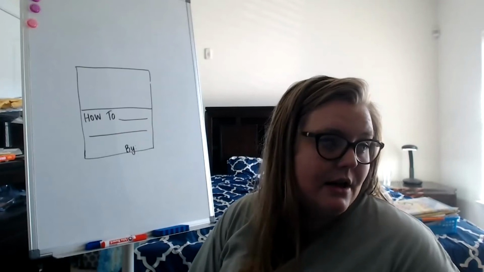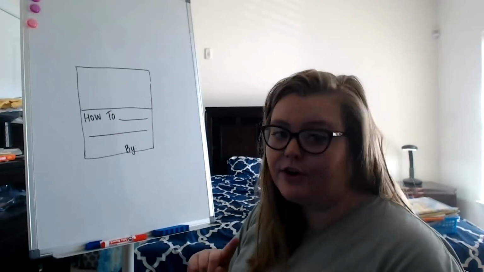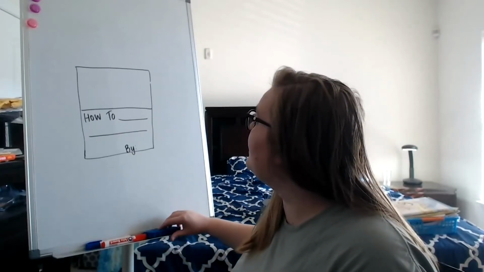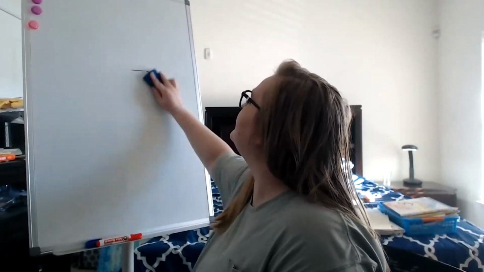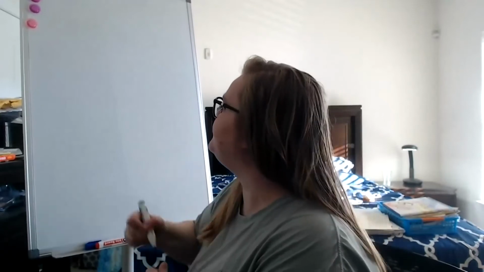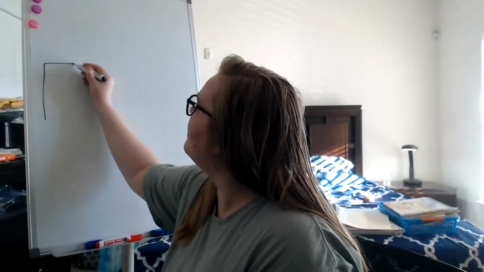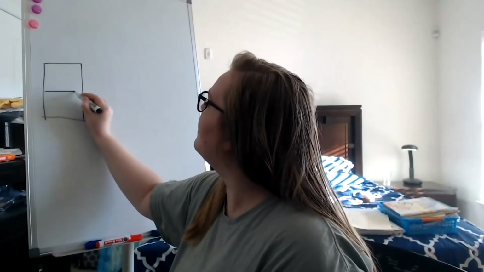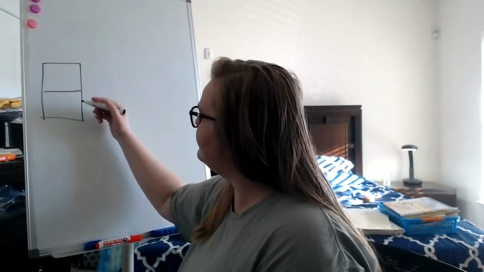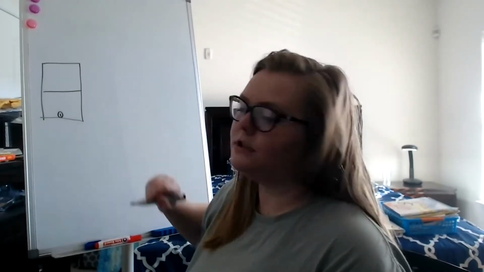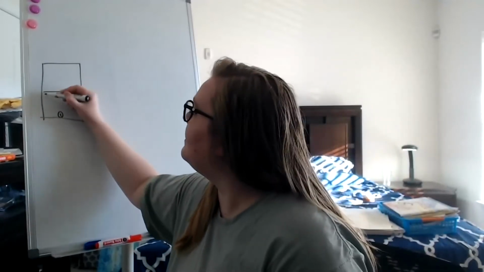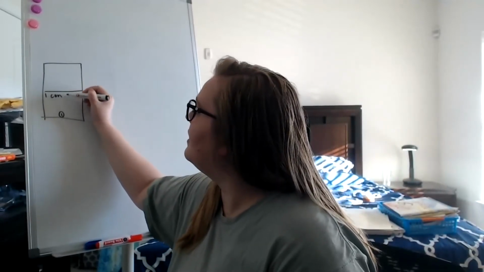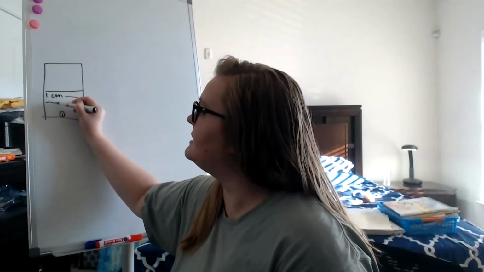Then it says for your first page. So that would be your cover. Then for page 1, it says you could say, I can, you're going to write what your chore is again.